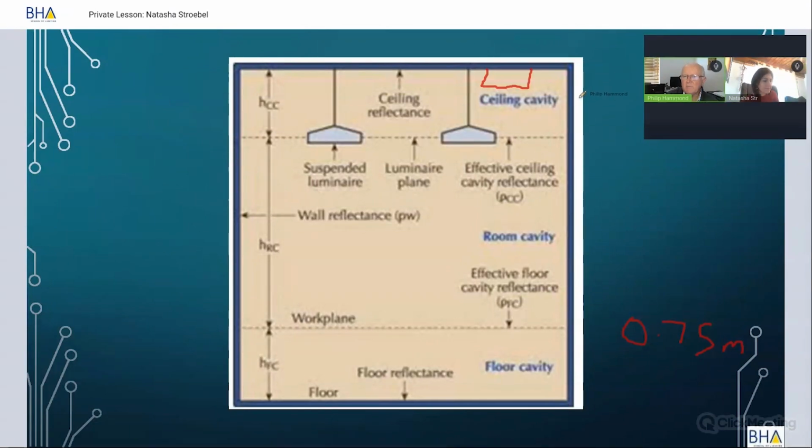So you need to go to your manufacturer's details and see what the height of your luminaire is, and then depending on the design, what's the chain length. They usually give you a certain chain length or suspension cable length, and then you can work it out from there.